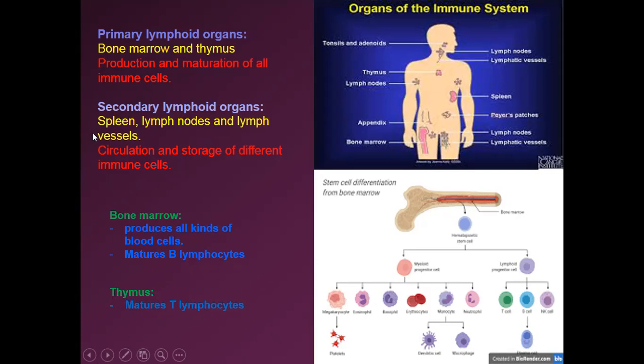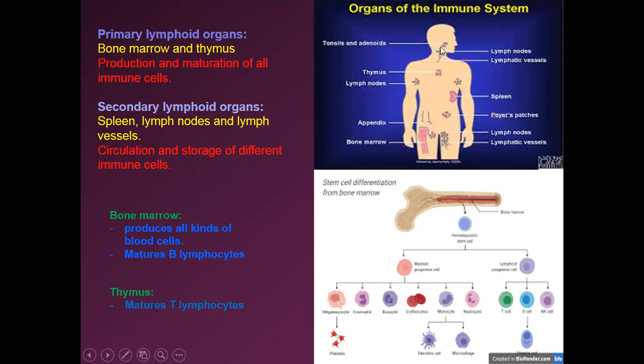Secondary lymphoid organs such as the spleen, lymph nodes, which are distributed here and there, and lymph vessels have the function of circulation and storage of different immune cells.